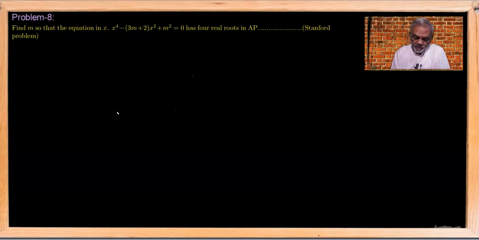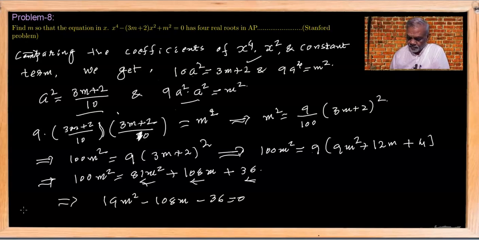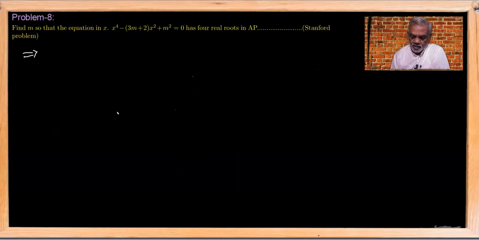Now you can see here, this implies m square, dividing through by 19, minus 108 by 19 m minus 36 by 19 is equal to 0.